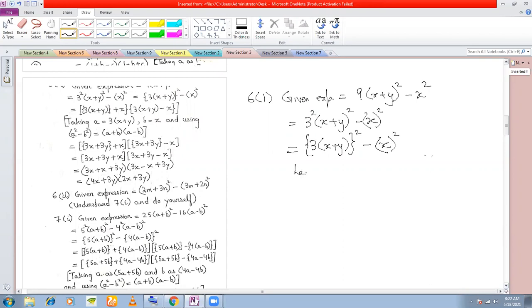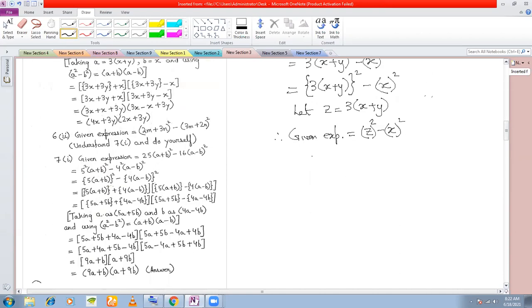Now what you do, you can say let z is equal to thrice (x + y). So therefore given expression becomes z square minus x square, right? So which is (z + x) into (z - x).